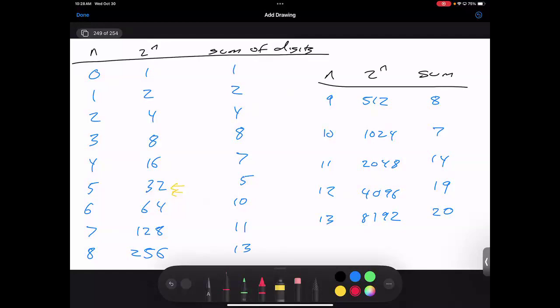It was 1, 2, 4, 8, 7, 5, oh, no, sorry, 10 was the next digit sum. 10, 11, 13, 8, 7, and we'll do 14. So it's the sum of the digits of 2 to the n.